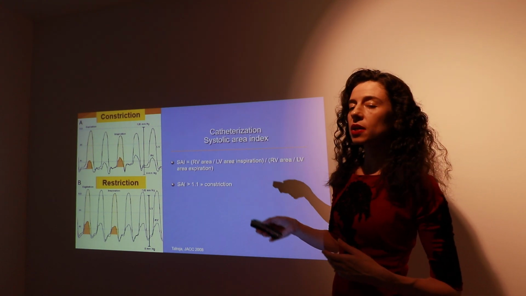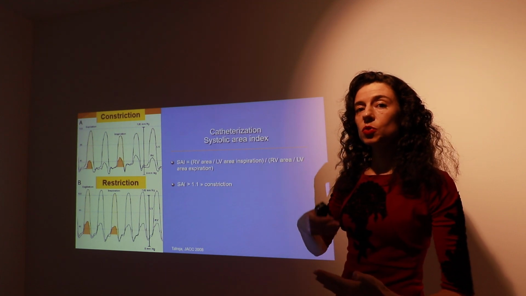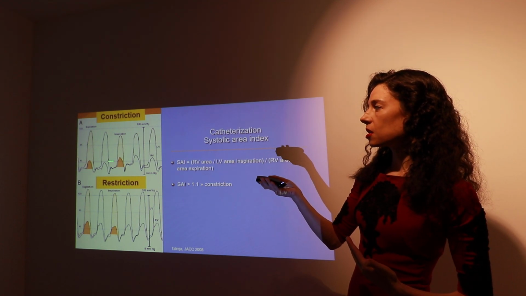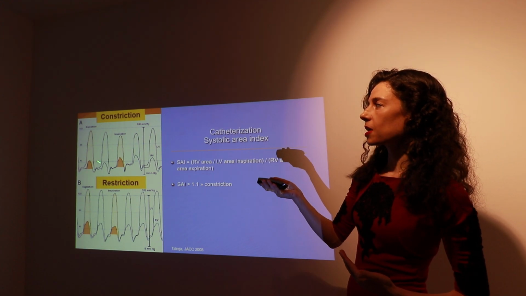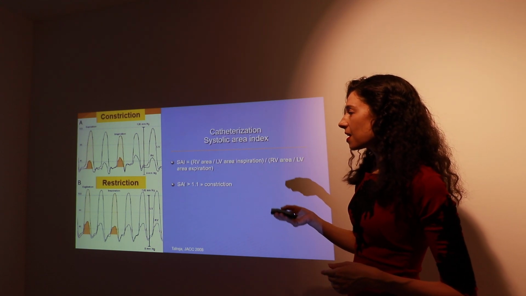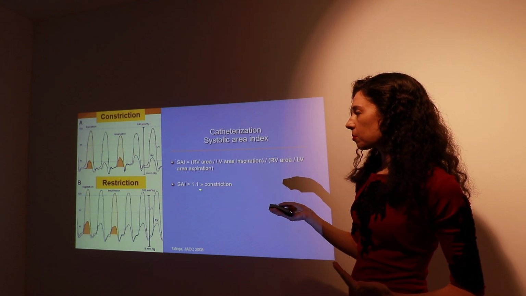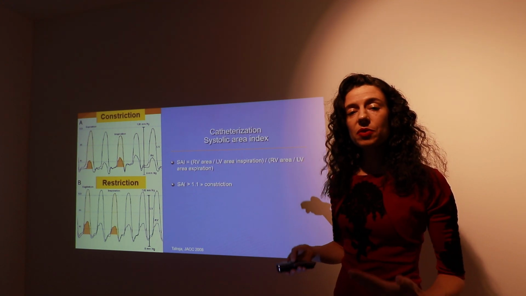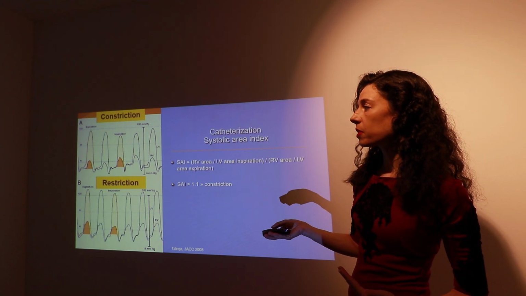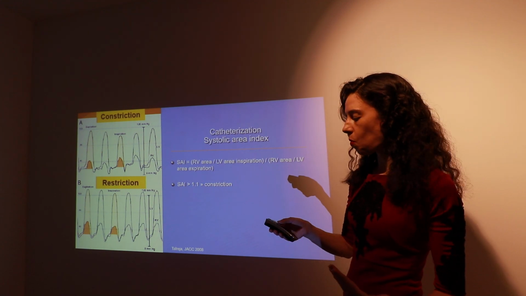LV area during expiration. You could see that in constriction, because of this respiratory variation, there is a large change in this ratio between inspiration and expiration, and therefore this SAI index is more than 1. It is even more than 1.1, and this is very typical for constriction. These ratios are very similar in restriction, and there the SAI index is around 1.